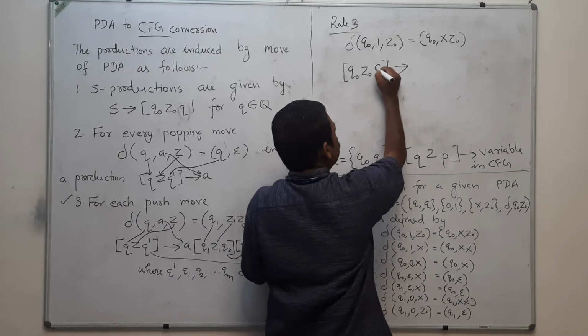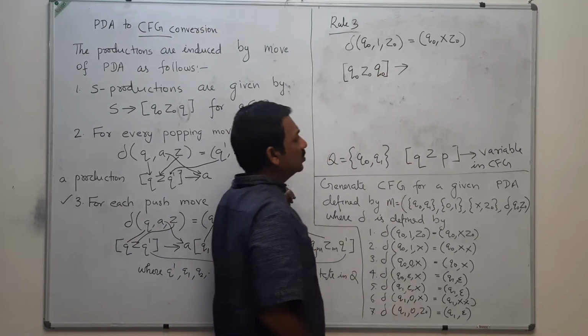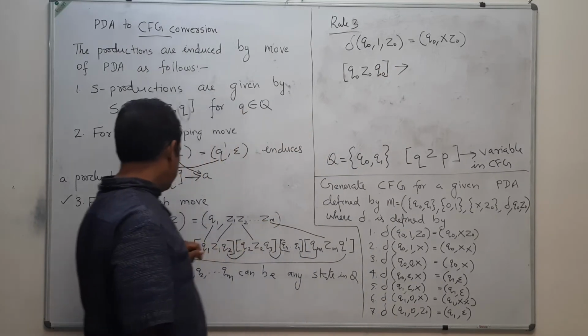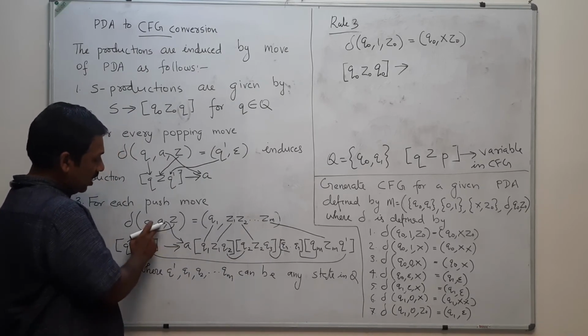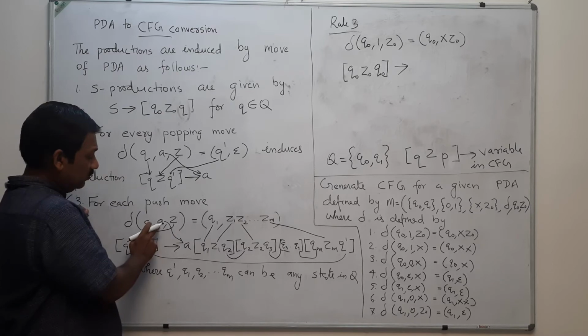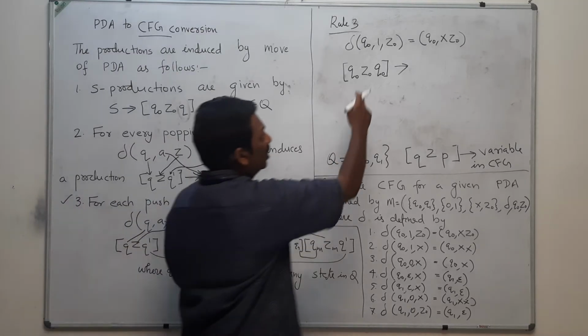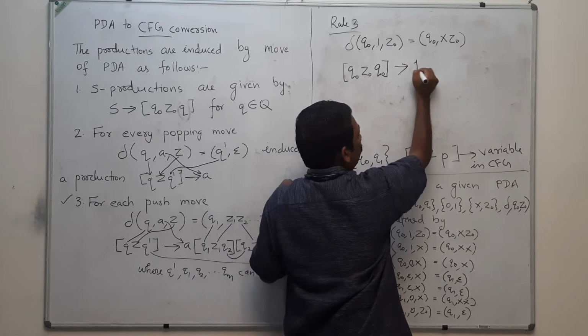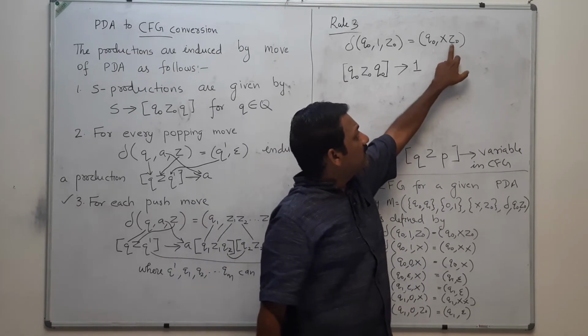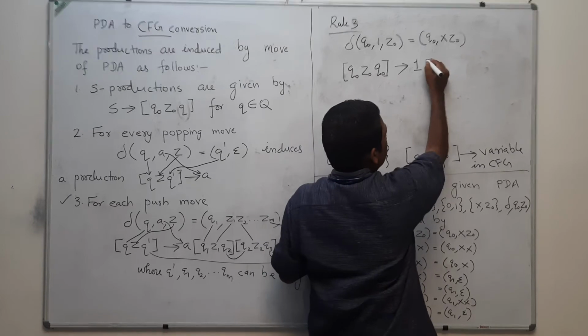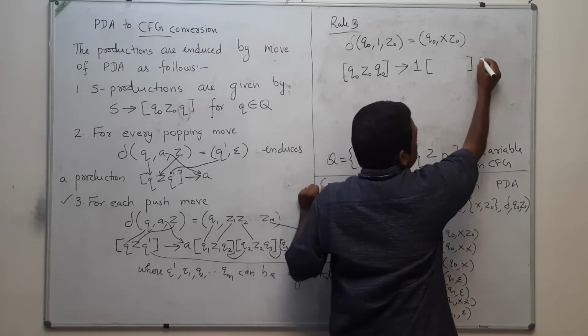Now I am going to push Q0 here, Q0 here, followed by, what is that? A off. That means you have to check what is the input. Input is here 1. That means 1 off. Here you have two stack symbols, so you have two variables here.